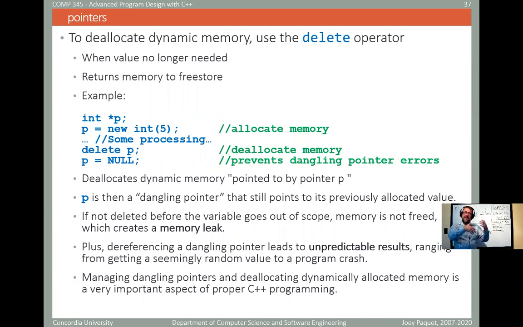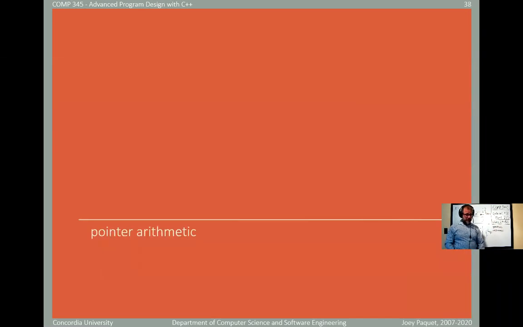So it makes sense for some time to use this p, it still holds the correct value, but after some point in time, it starts having apparently random values. So yes, dangling pointers are very problematic.